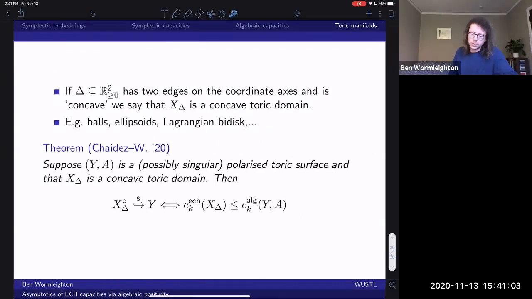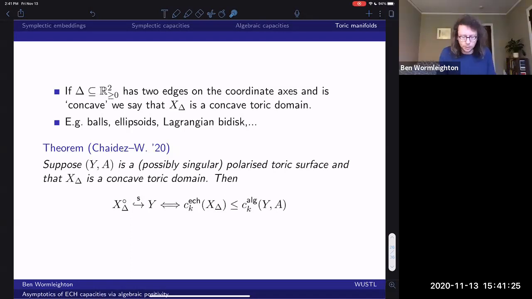So similarly to convex toric domains, there's a notion of concave toric domains. This is the case when our moment image has 2 adjacent edges on the coordinate axes, and in an appropriate sense is concave. The examples here are balls and ellipsoids. From work of Ramos, we can realize the Lagrangian bidisk as such a domain.